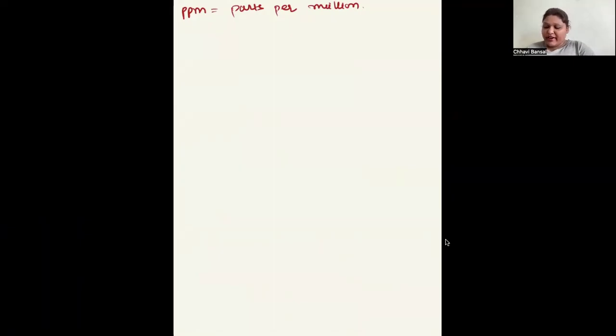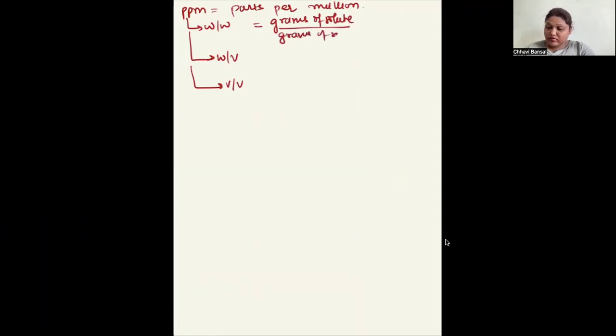This can also be divided into three types, with respect to W by W, W by V, and V by V. So it can be grams of solute divided by grams of solution into 10 raised to power 6.